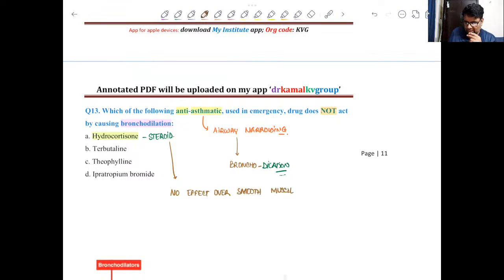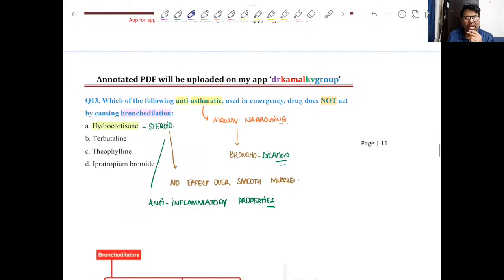It will not cause any dilatation or anything because it has anti-inflammatory properties, right? So it has anti-inflammatory properties, and therefore it will reduce the inflammation which is occurring in the airway. Yes, Dr. Poo14, absolutely right. So this is hydrocortisone. Now coming to ipratropium bromide, it is anticholinergic.